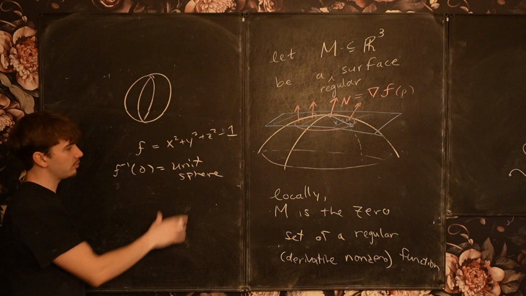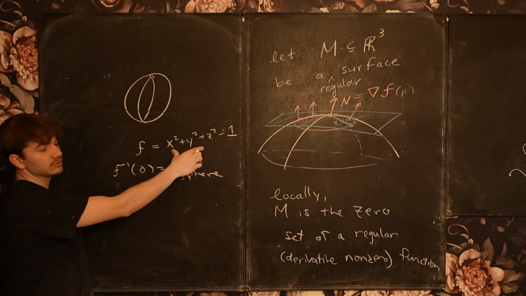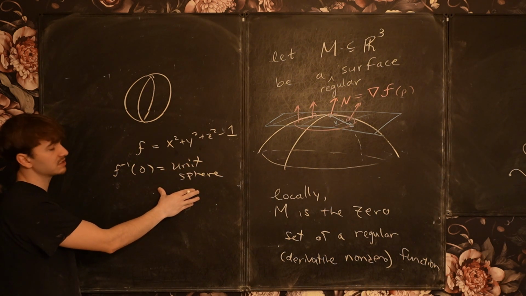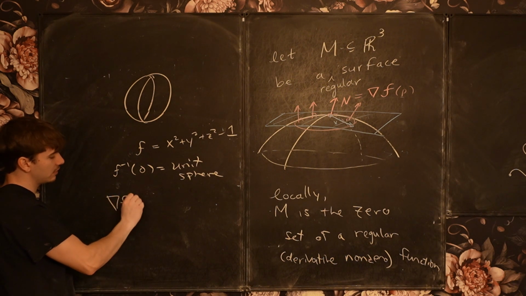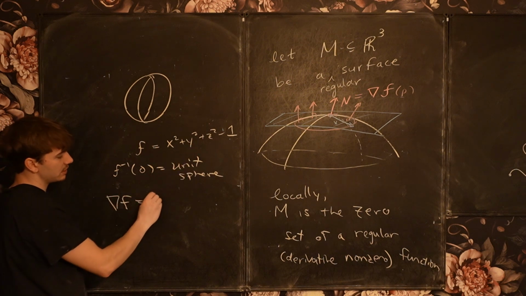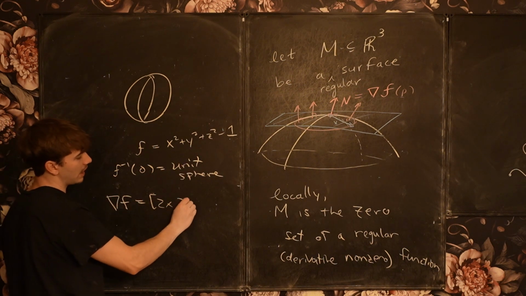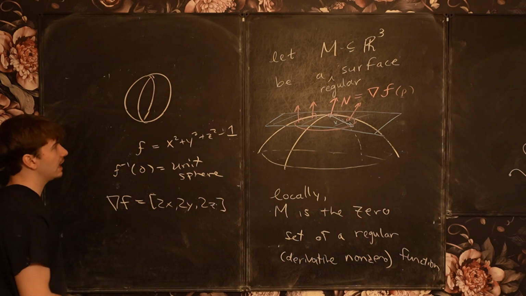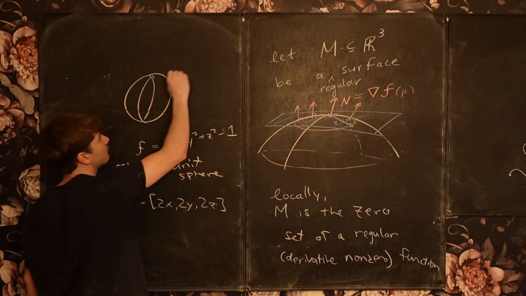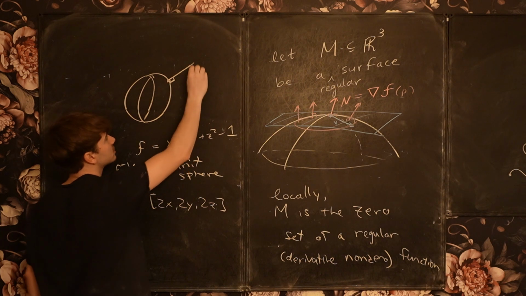This is all the points such that f is equal to 0, which is the unit sphere as we previously discussed. Then the gradient of f is just 2x, 2y, 2z, and this is precisely the vector which is normal to the sphere.